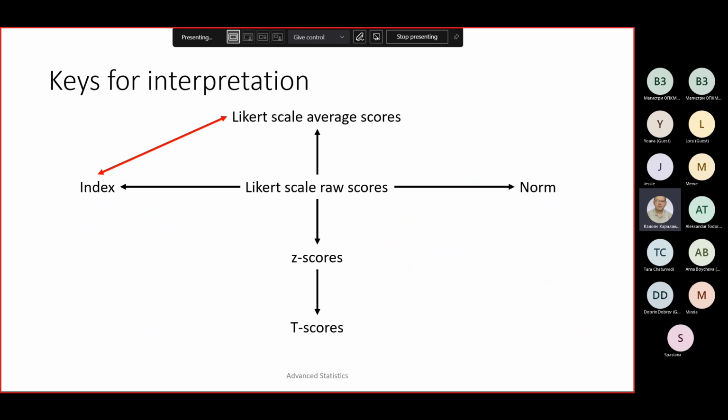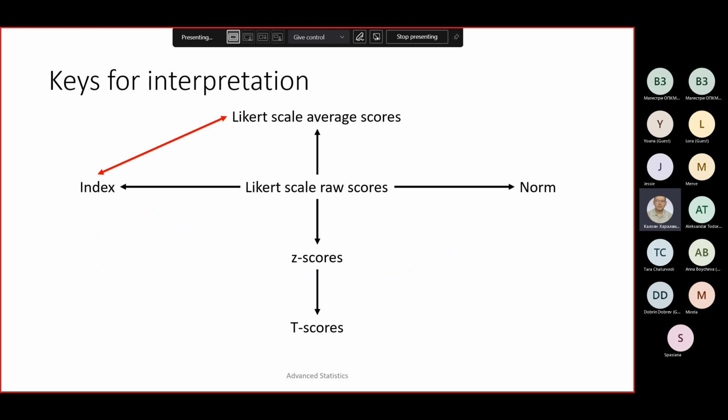Here, the similarity is, in fact, that for calculation of average scores and for calculation of index, we use constants.